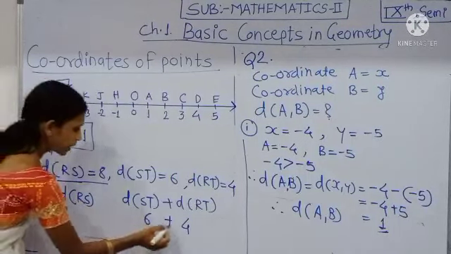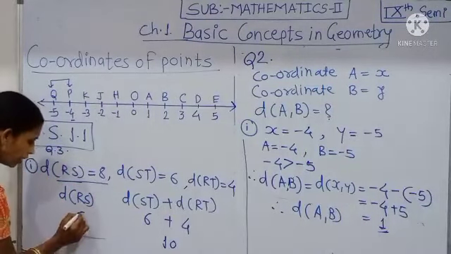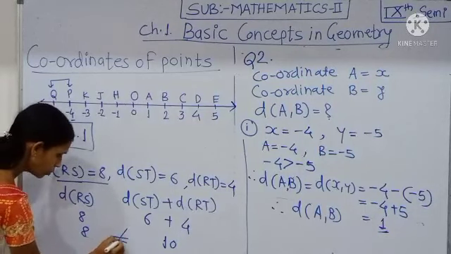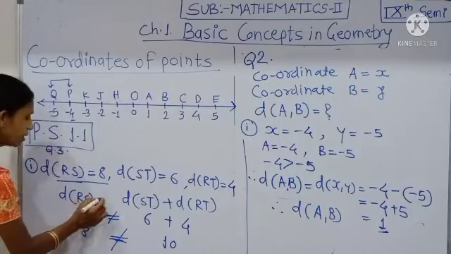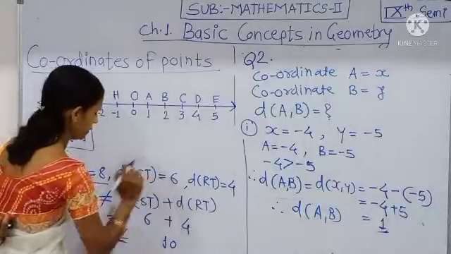Then see here, 6 plus 4, that is 10, and here DRS is 8. That means here 8 is not equal to 10. That means DRS is not equal to DST plus DRT.